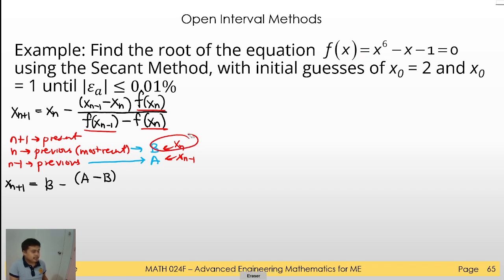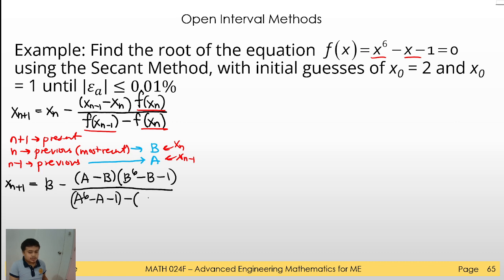So x sub n is B, so we have to substitute B to the 6th power minus B minus 1, all over f of x sub n minus 1, so this should be A. So substitute the A here, we have A raised to 6 minus A minus 1, and then minus B raised to 6 minus B minus 1. Substitute the values here, and this will be your iteration scheme. For the percentage relative error, the approximate error, we have the present minus the previous over the present times 100%.